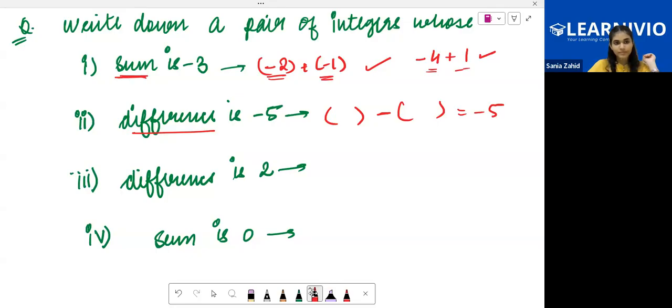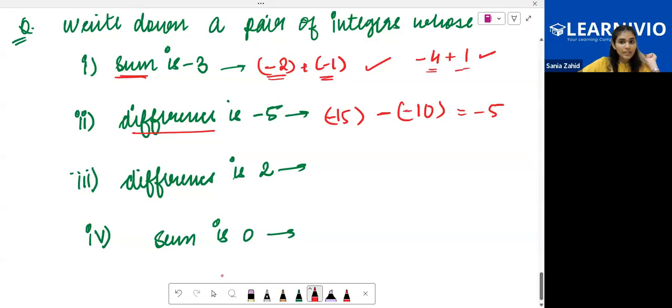15 minus 10. Okay, so we'll do 15 minus 10. Now tell me the sign on 5 is negative. That means, see, in addition and subtraction, the answer always has the sign of the greater number. That means 15 should be negative. But now if you're doing -15 minus 10, you will have to add the numbers.